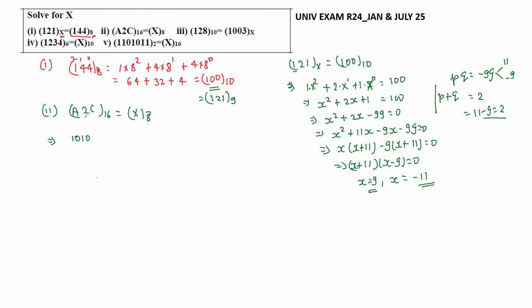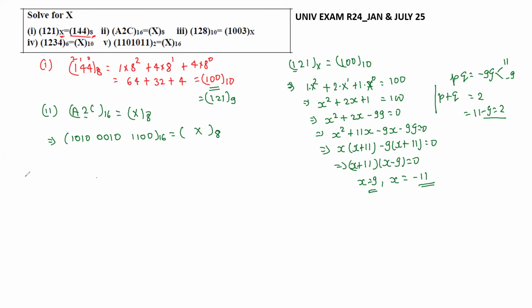And 2 is also written with the help of 4 bits, so 0010. C is equivalent to what? 12. A is 10, B is 11, C is 12. So 12, how will we write? 1100. D, E, F is 15. You have to keep that in mind. Okay. So this is now in hexadecimal, and we have to find the value in octal.